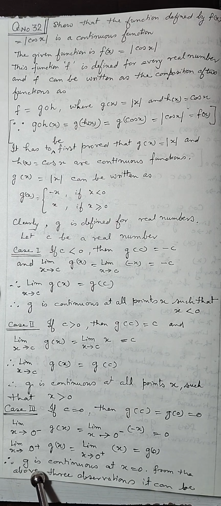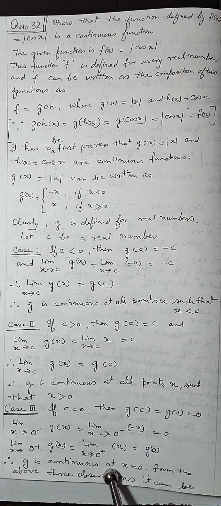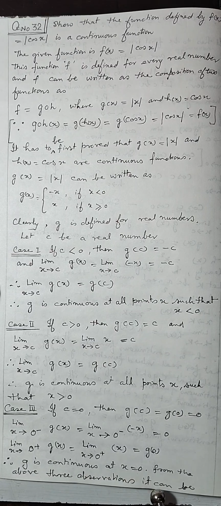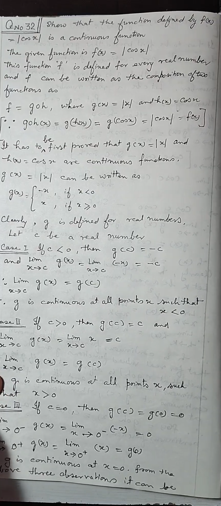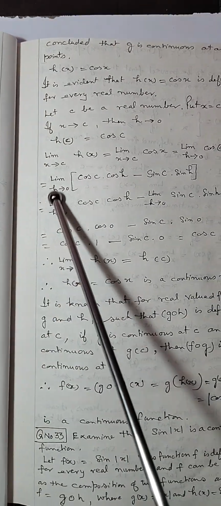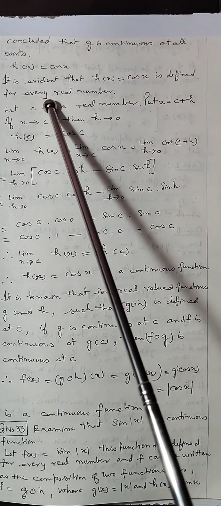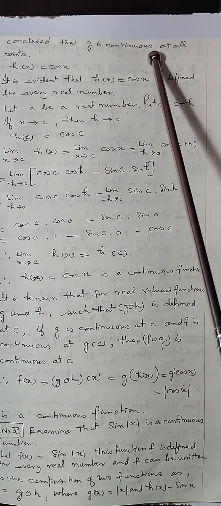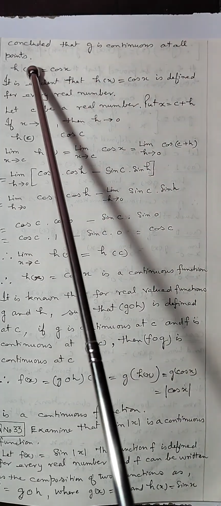Therefore, the function g is continuous at x = 0. From the above three observations, it can be concluded that g is continuous at all points.